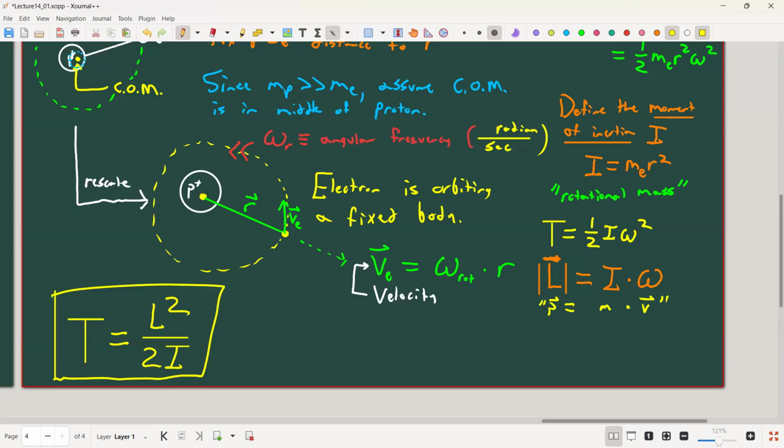I can put little hats here to promote these to operators. And our goal will be to solve T psi is equal to the rotational energies times psi. That's our quantum mechanical problem. So our goal is to find the wave functions that satisfy the eigenvalue equation, the measurement for this angular momentum.